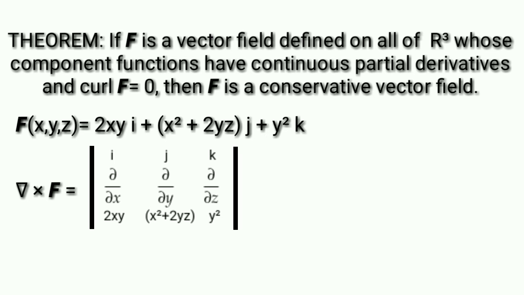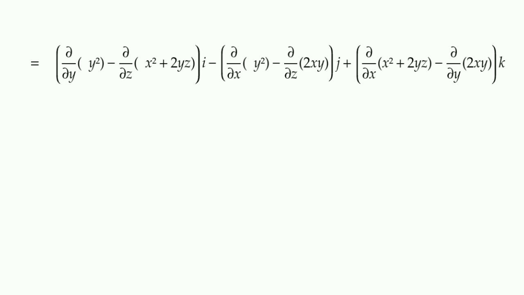And we're going to calculate using the cross product. So the partial with respect to y of y squared, that's simply 2y, minus the partial with respect to z of x squared plus 2yz, which is 2y, so we get 0i.